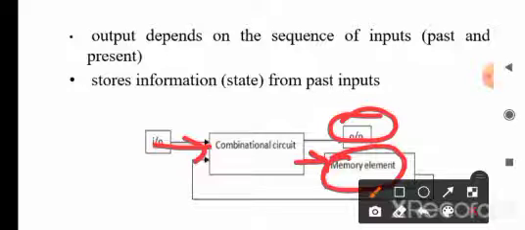So combinational circuits means circuits where if we give an input, we get an output. But sequential circuits consist of a combinational circuit with a memory element, and based upon that memory element, we get the output.